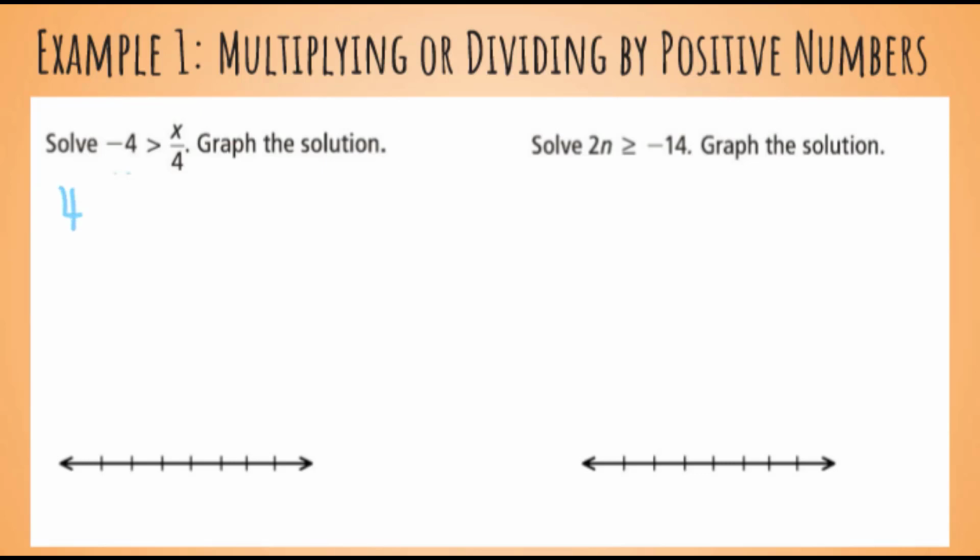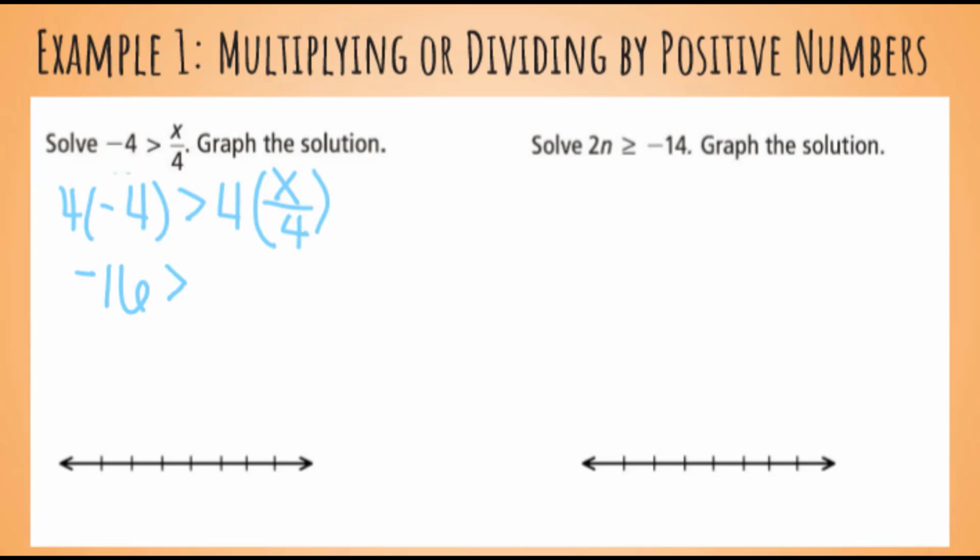So we have 4 times our -4 is greater than 4 times x over 4. So positive 4 times -4 is going to give us -16.